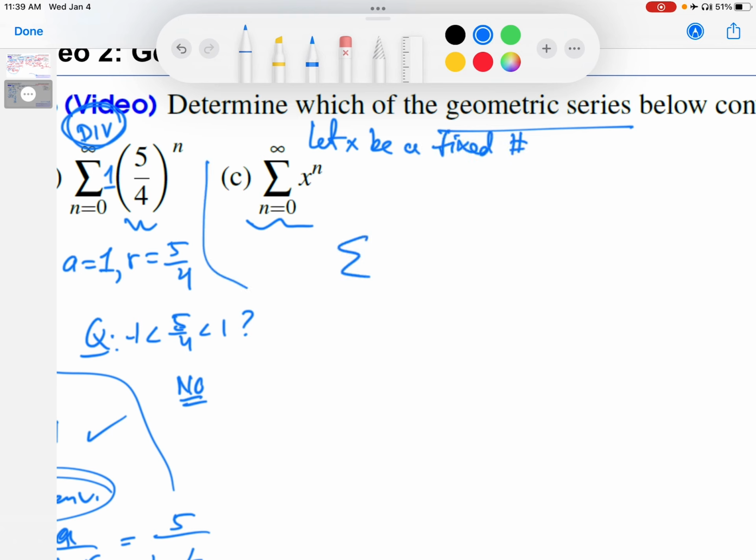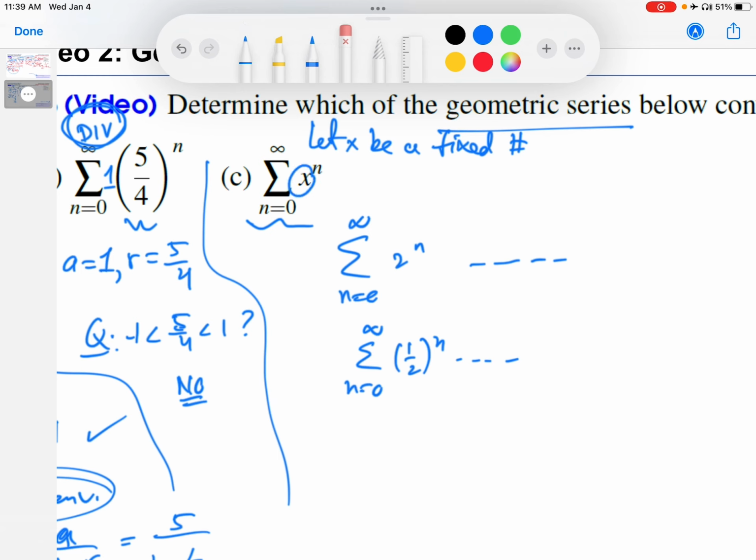In other words, let's consider the series, for example, 2 to the n, and then analyze that as a geometric series. And then go back and consider 1/2 to the n, analyze that. So even though there's an x here, x is a number that is fixed for the purposes of analyzing this geometric series, as if it was 2, or as if it were 1/2.